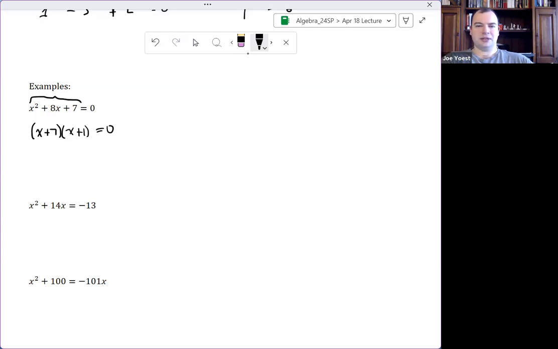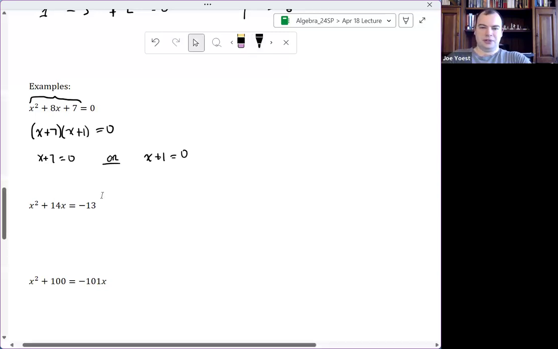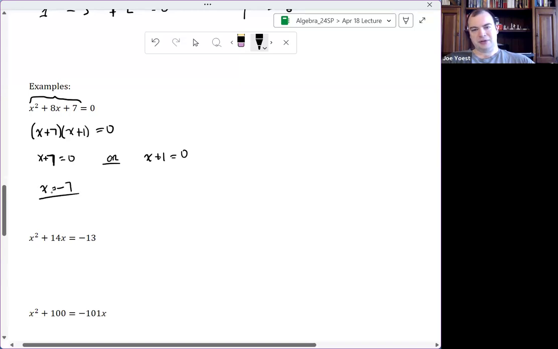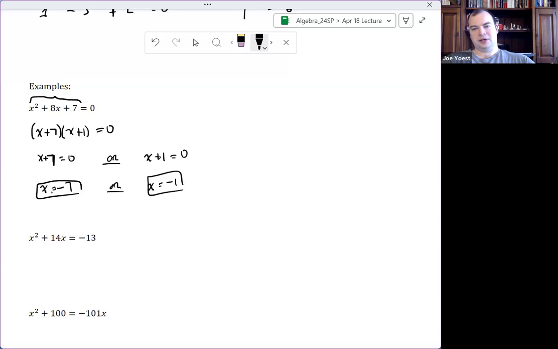But here I have a product of two linears equaling 0. I apply my zero product property and say either x plus 7 equals 0 or x plus 1 equals 0. In other words, x equals -7 or x equals -1.